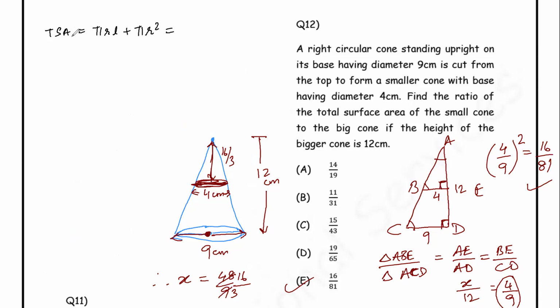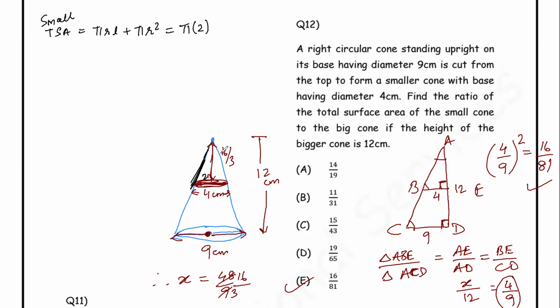For the smaller cone, small total surface area: pi, radius is 2 centimeters because the diameter is 4. And this is the slant length they're talking about.